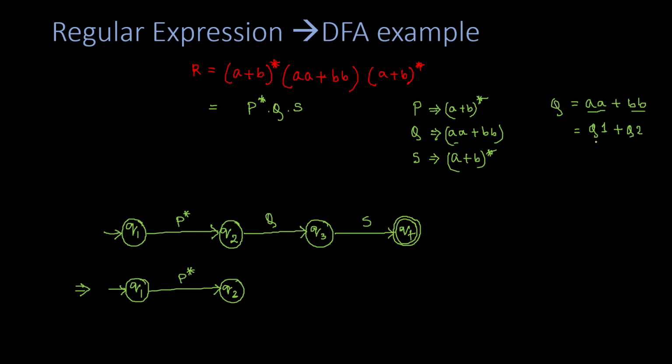Now since we have multiple options to reach from Q2 to Q3, either by AA or by BB, instead of writing Q1 Q2, let's write AA BB directly, so I will have two different paths to reach Q3, either A dot A, or B dot B.